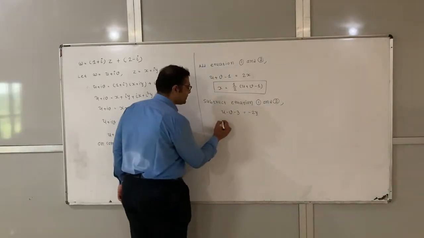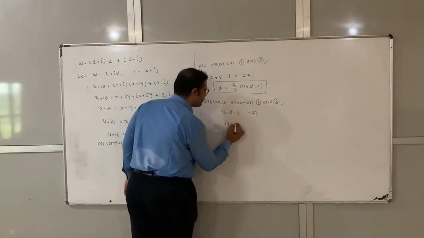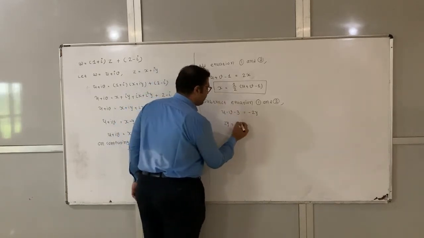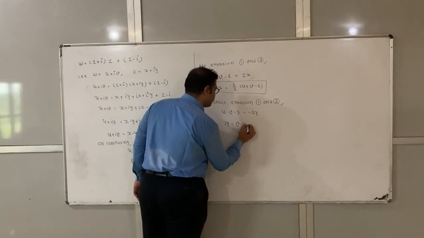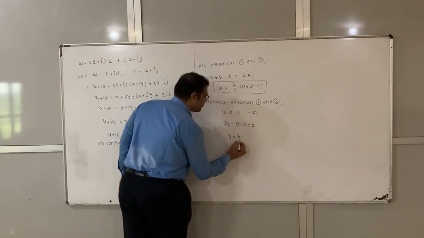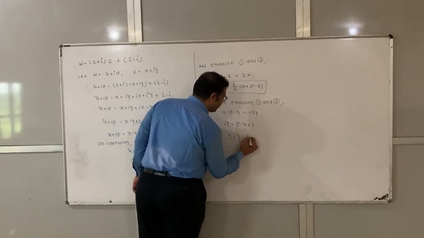Now simplifying this, you will get 2y is equal to, take minus on the left hand side, so v minus u plus 3. So finally you will get y is equal to 1 upon 2 times v minus u plus 3.